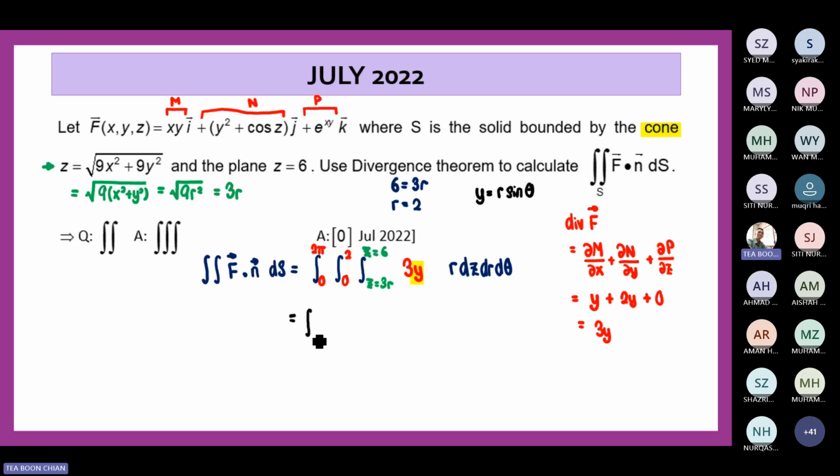So here we need to polar transform further for 3y by changing y into r sine theta. Eventually, my setup is, from 3r until 6, 3y times r, with y changed, gives me 3r squared sine theta dz dr d theta.